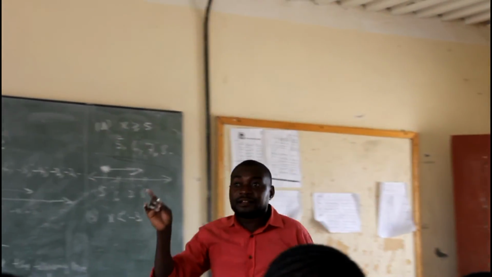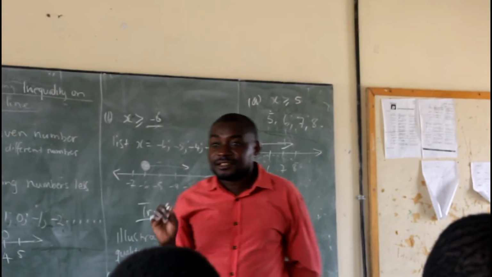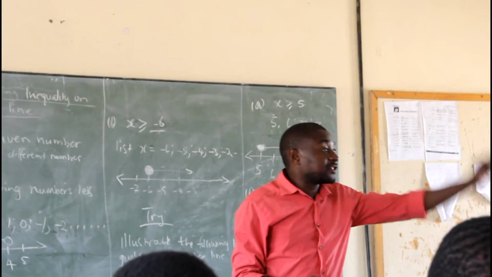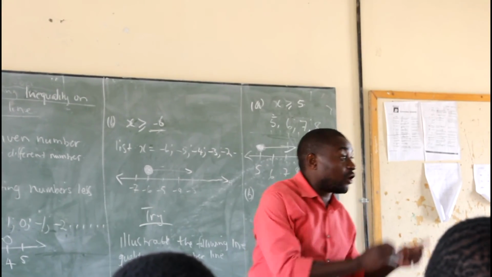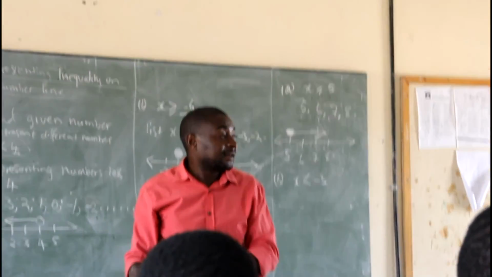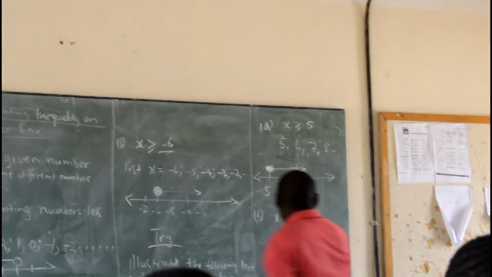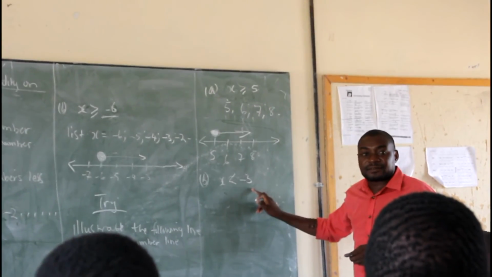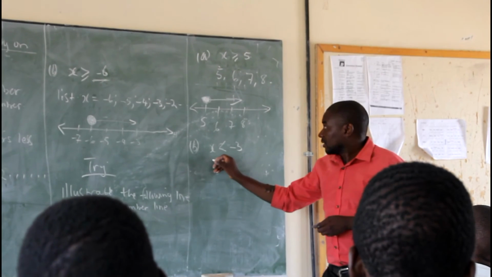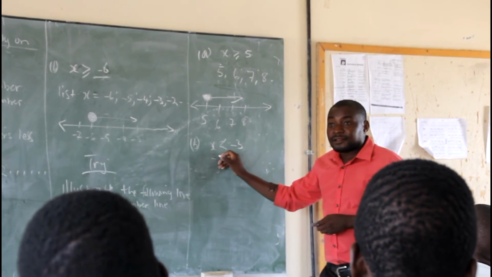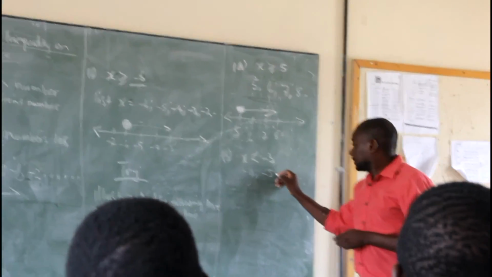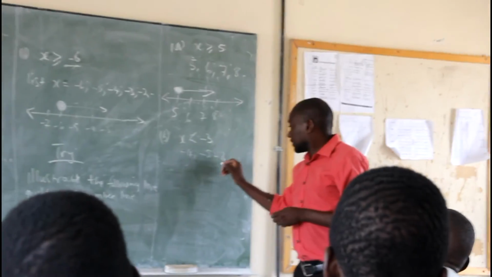I have to go to where? Which side? Left. Because if you go to the right, you might find positive numbers which are bigger than all the negative numbers. Then it means I must find from negative 3. A number smaller than negative 3 is negative 4, negative 5, negative 6.